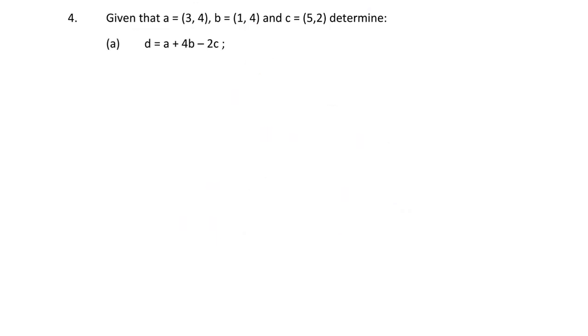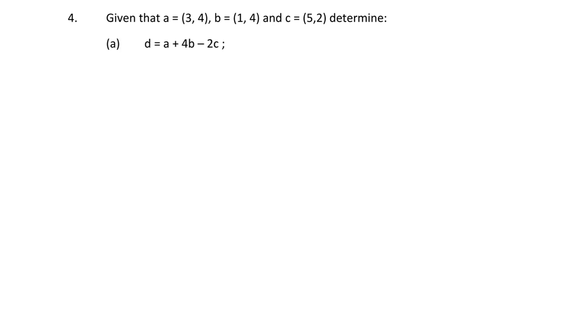Question number 4: given that A equals (3,4), B equals (1,4), and C equals (5,2). For part A of the question, we are supposed to determine D equals A plus 4B minus 2C. Okay, so this is a vector problem.